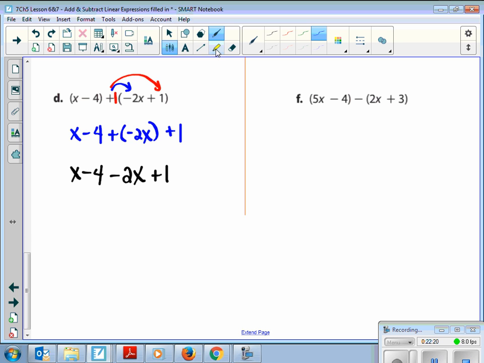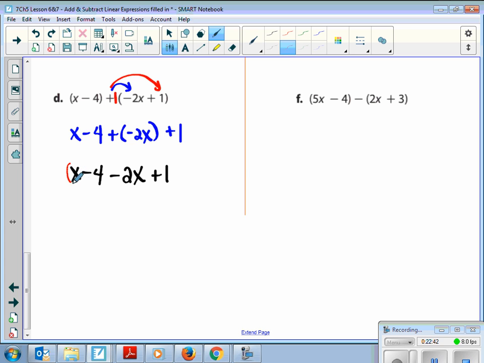Does everybody see that? Remember we talked about this? Just this part right here. When we have plus a negative, it means subtract. So now we can go ahead and start combining our like terms.